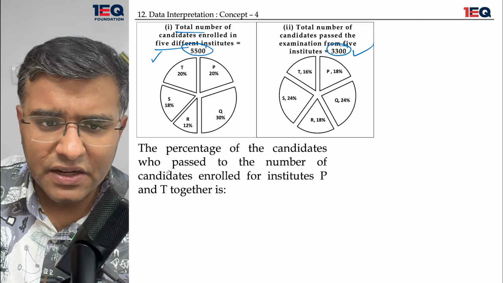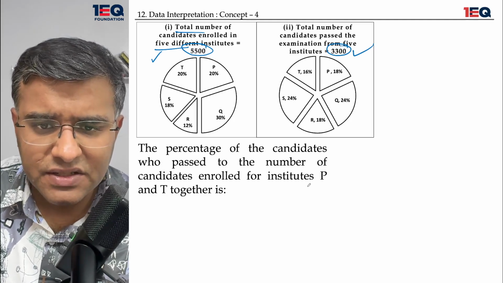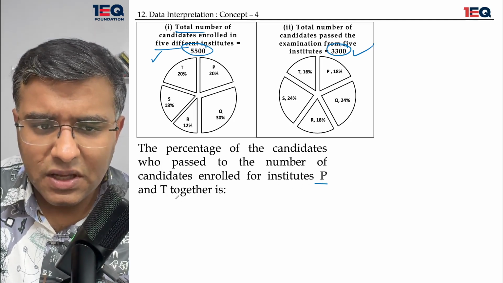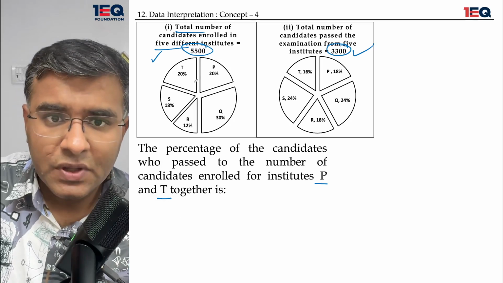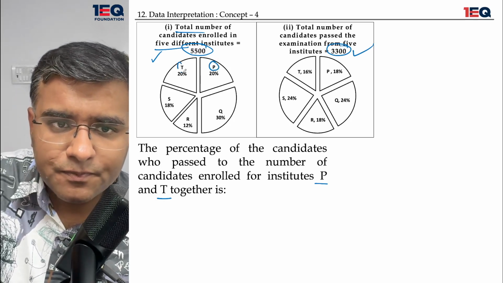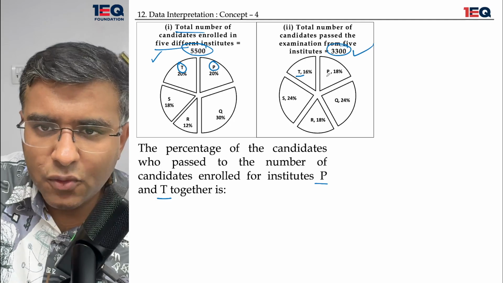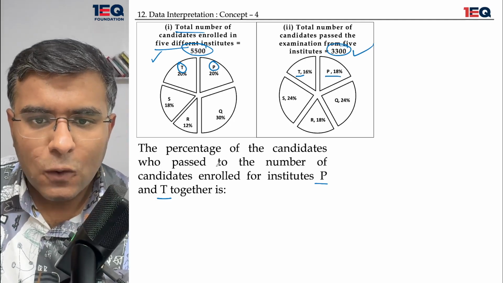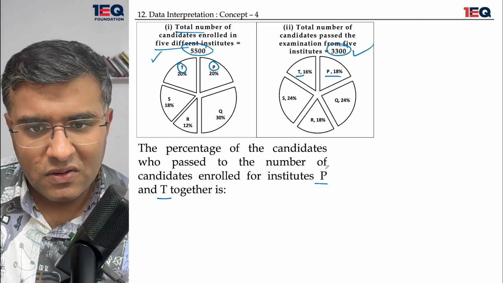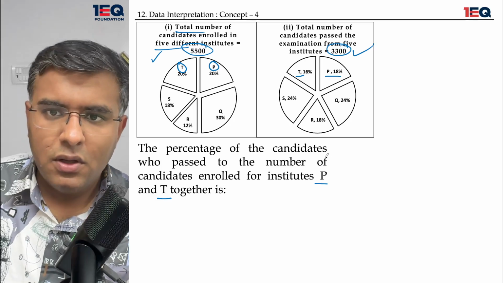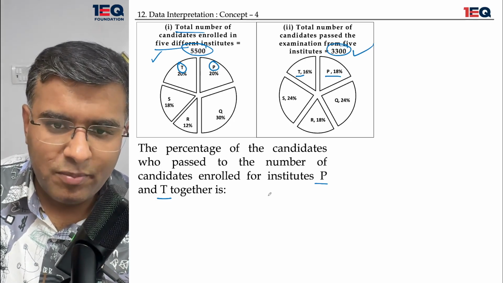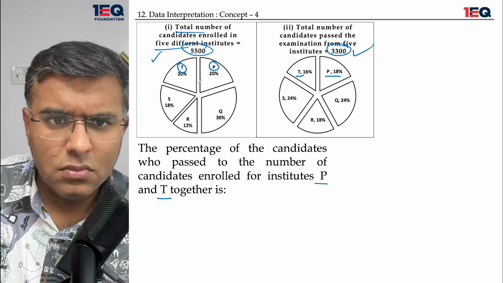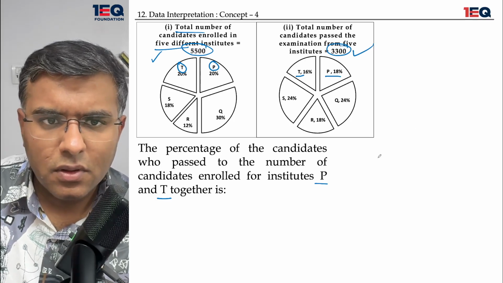The percentage of candidates who passed to the number of candidates enrolled for institutes P and T together is, focus points are P and T, right? Who passed to the number of enrolled. What is the number of students who have passed from P and T?